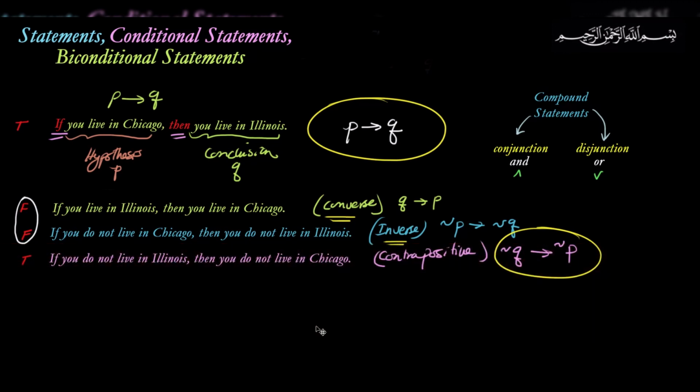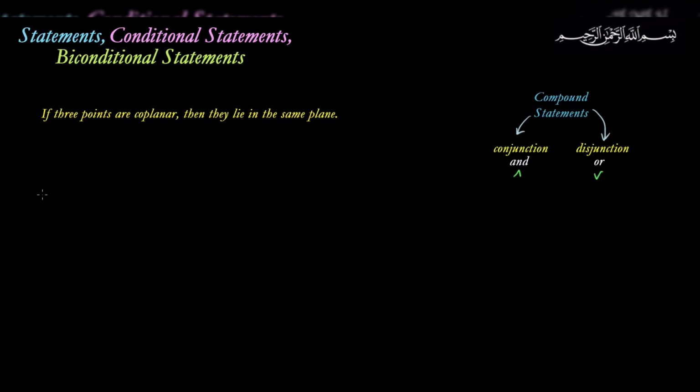Two statements that are either both true or both false are called logically equivalent statements. So two statements that have the same truth value, they're either both true or both false, are called logically equivalent statements.